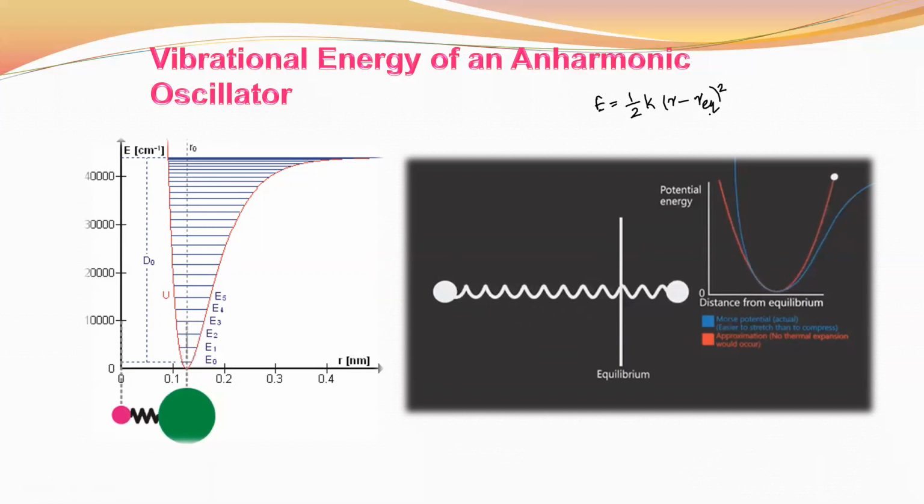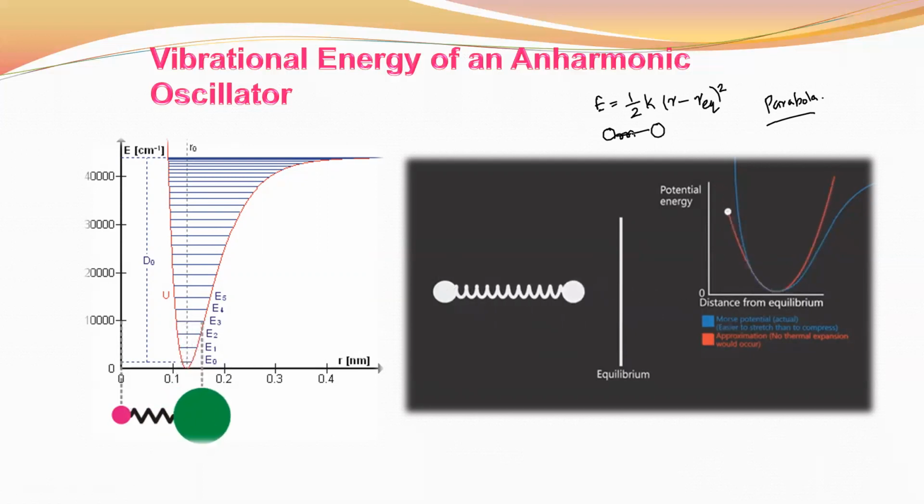It represents a parabola, isn't it? So if two masses M1 and M2 are connected by a spring of spring constant K, then the potential energy curve must be a parabolic path.